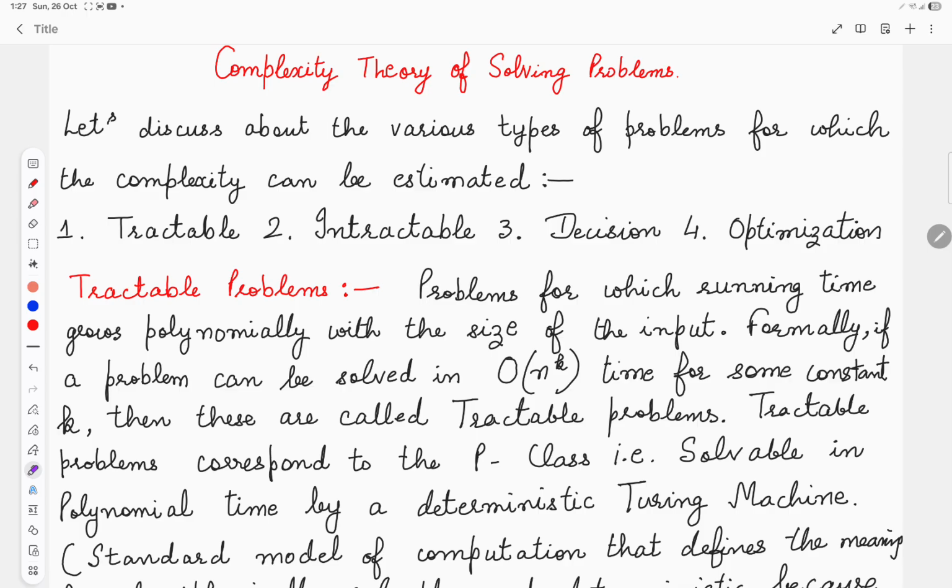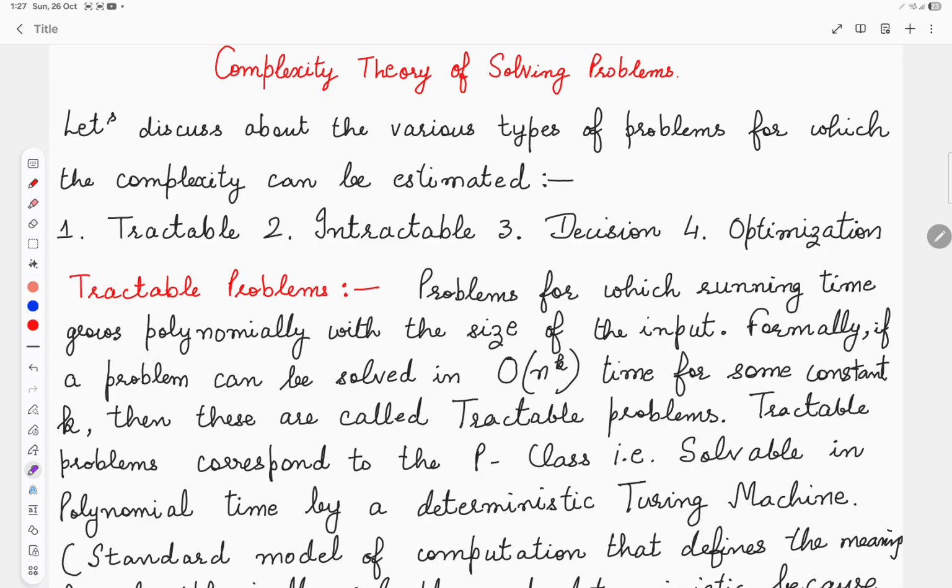Now, let us try to understand what types of problems computers need to solve and how we can identify and classify these different problems into different categories. So let us try to understand this concept of complexity theory.